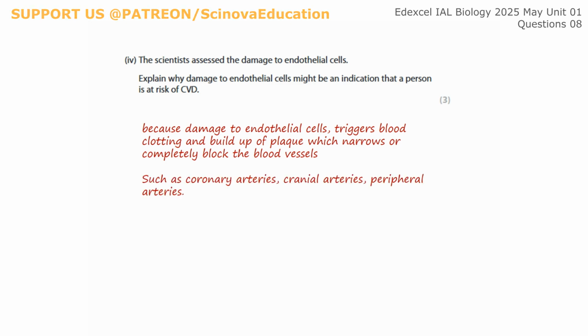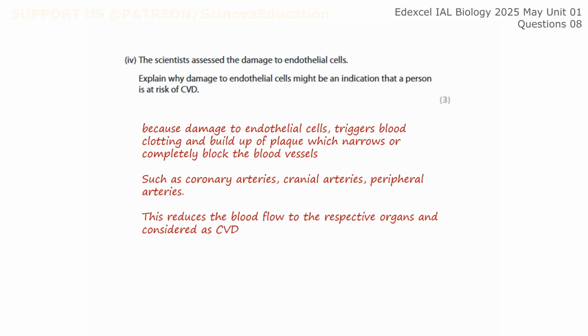It can happen in different places such as coronary arteries, cranial arteries, peripheral arteries, and so on. According to that, we will get the type of CVD. So this is considered as reducing of blood flow to the respective organs.